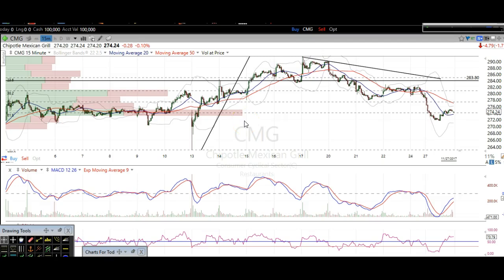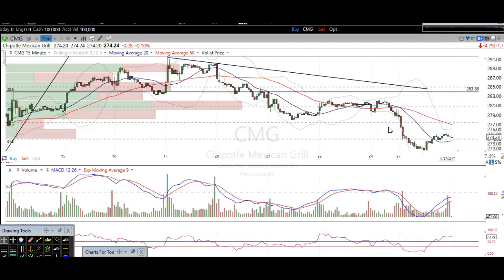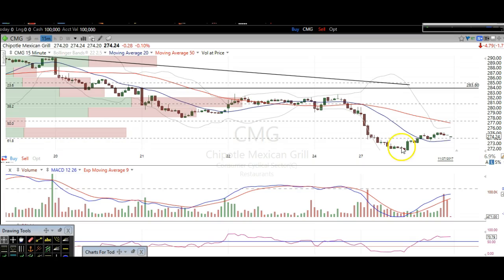So we were looking for a reversal signal around these areas, around the 61.8 Fibonacci retracement level and the volume point of control, and we were watching it closely throughout the day. Not only that, but I had prepared members last night.